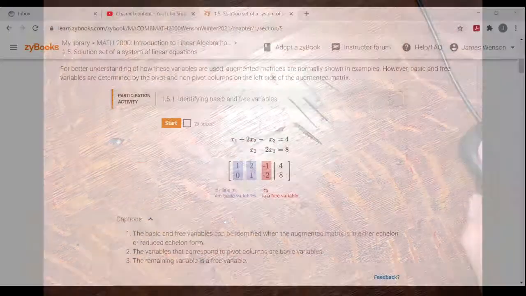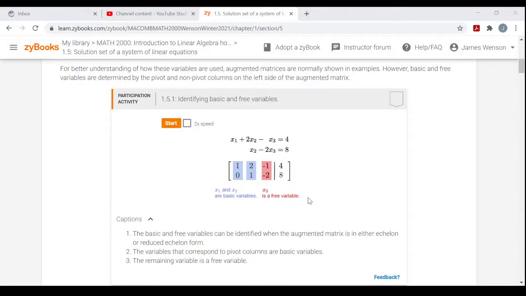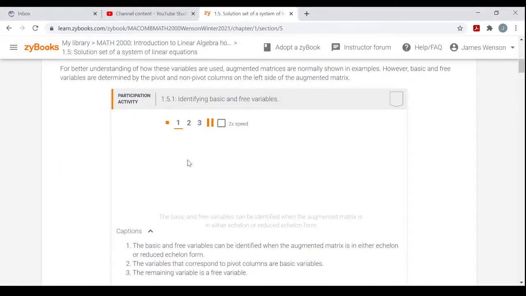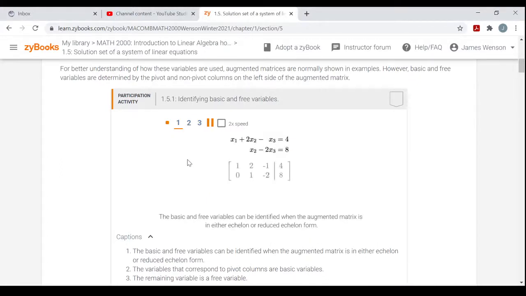But once your augmented matrix is in echelon form or reduced echelon form, you should be able to identify the basic variables and the free variables. And again, here's the animation. This is exactly what I went over. I read it as an augmented matrix. It's in echelon form.